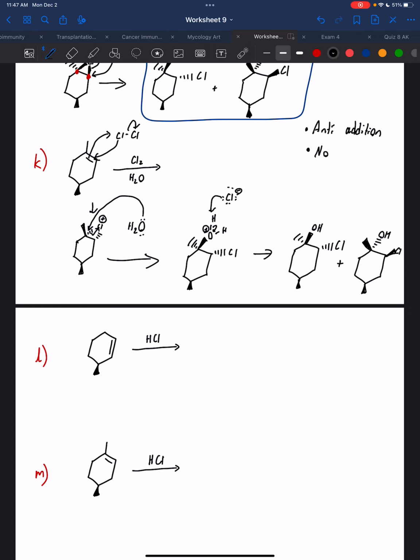You're not expecting any rearrangements, and that's simply because you didn't make any carbocations. And then yes, perfect, H₂O bonds to the more substituted carbon.